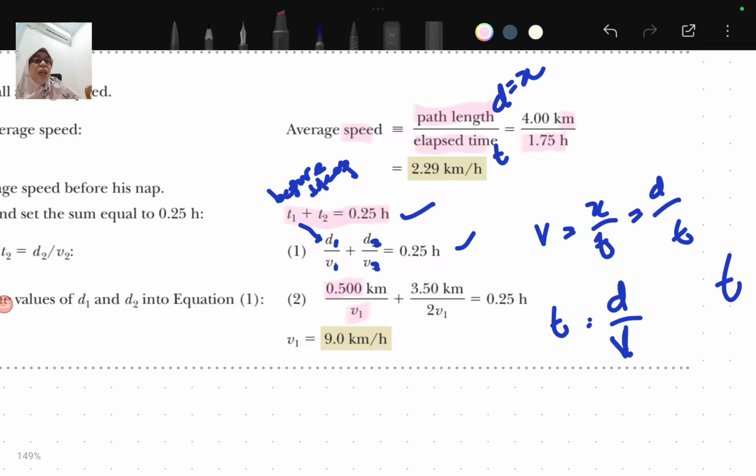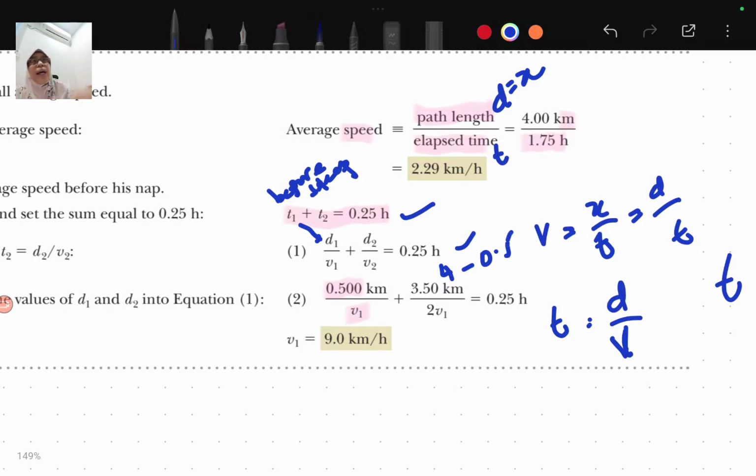Then what happens next is he sleeps, which we don't consider, but after he woke up, he ran whatever was left. The 3.5 is the total distance of 4 minus the first 0.5 he already ran. That's how you arrive at 3.5.